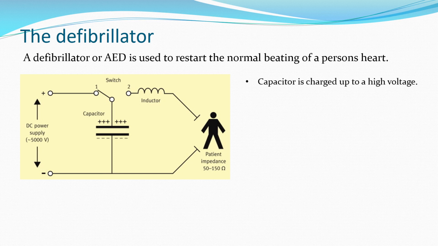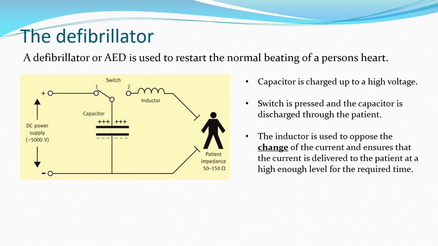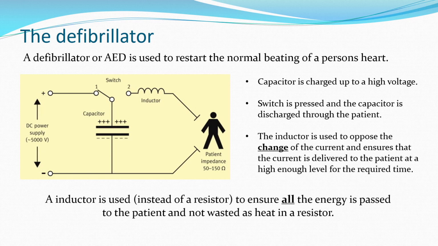So the capacitor is charged up to a high voltage, the switch is pressed, and the capacitor is discharged through the patient. The inductor is there to oppose the change of current, and this ensures that current is delivered to the patient at a high level for the required amount of time. An inductor is used instead of a resistor to ensure that all of the energy is passed to the patient and not wasted as heat in a resistor.